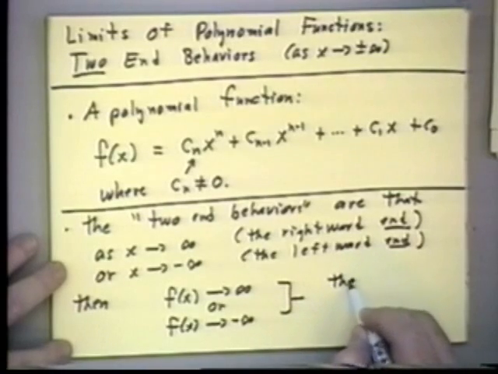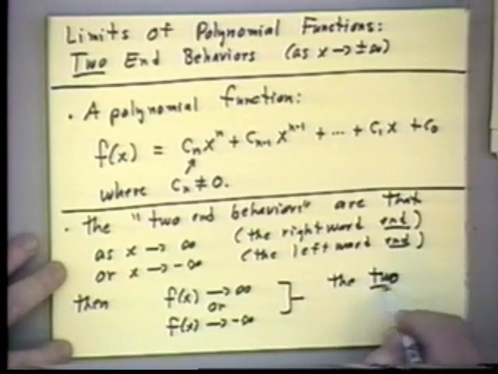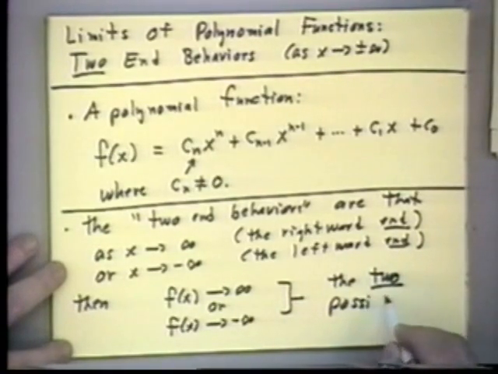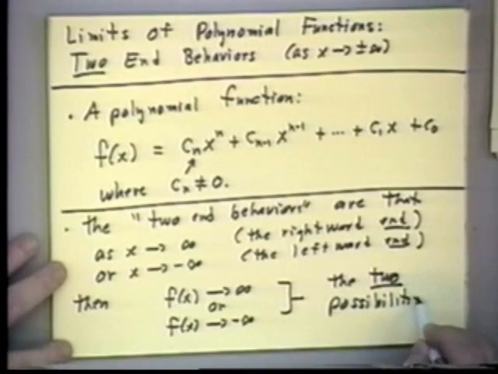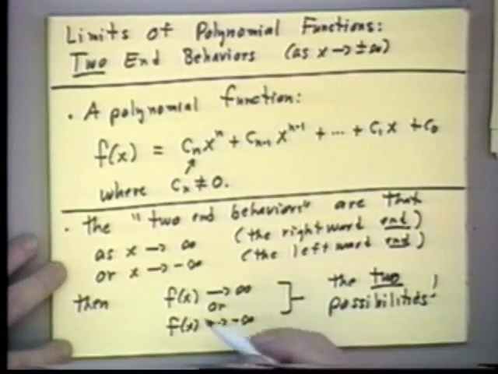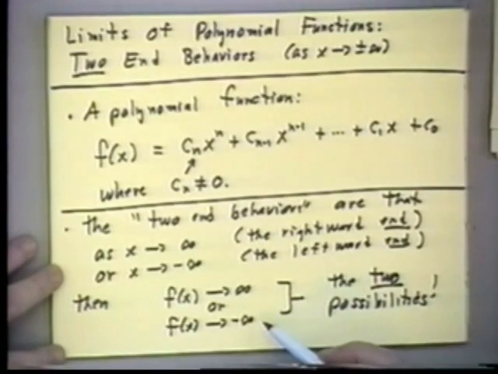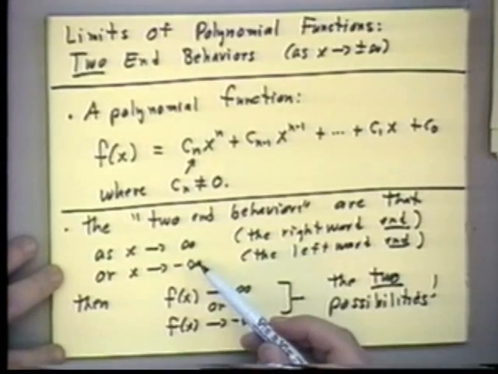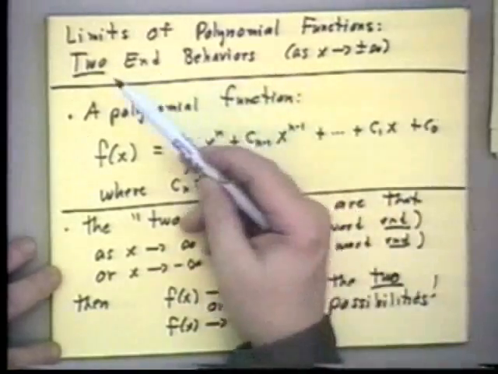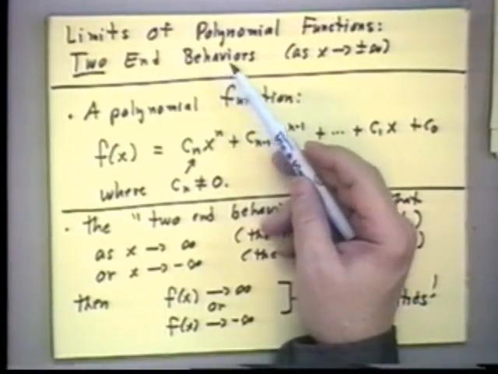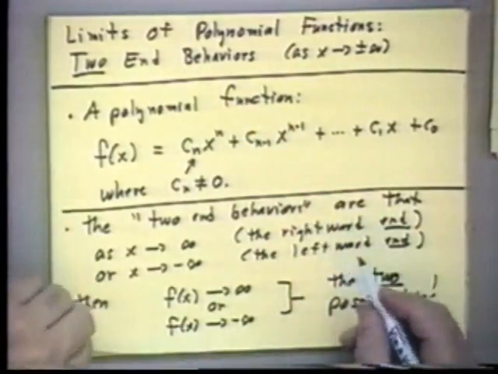So these are the two possibilities that I mentioned above in the title of this section. The functional value can go to plus or minus infinity, and that is all, as x is going to plus or minus infinity. So those are the two possible end behaviors for a polynomial.